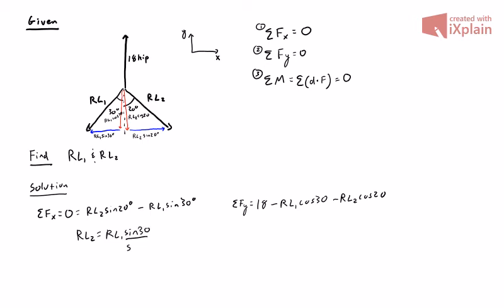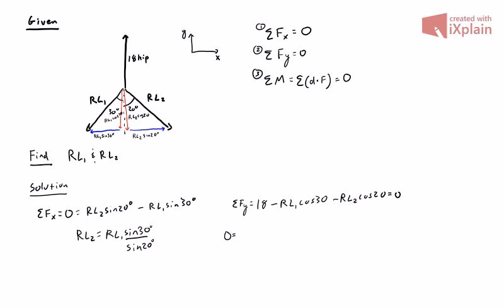So you get that RL2 is equal to RL1 times sine of 30 degrees over sine of 20 degrees. And then you can plug that into your sum of the forces in the y direction is equal to 0. So you plug that in for RL2 on your other equation.